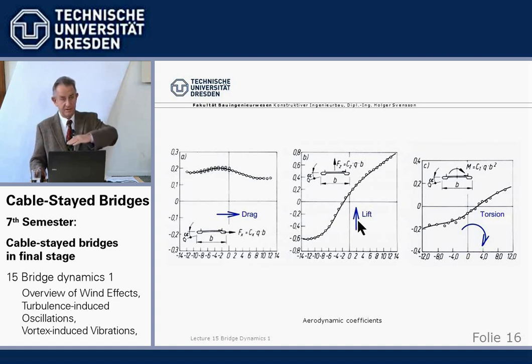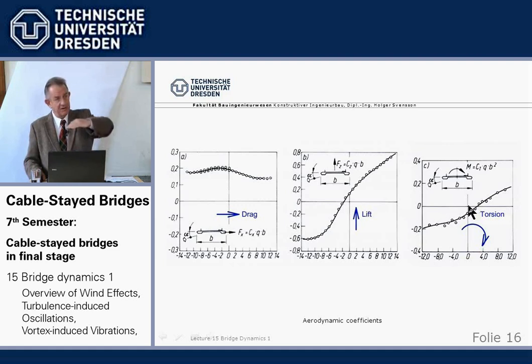Then the wind tries to lift or push down the bridge. That coefficient, of course, changes strongly with the wind. If the wind blows from below, it tends to lift it up. If the wind blows down, it tends to push the other way around. And in the third way, we have a torsional moment varying with the wind angle of attack.